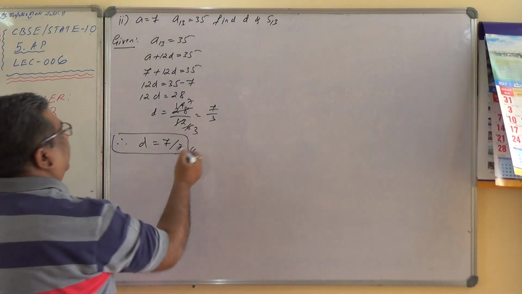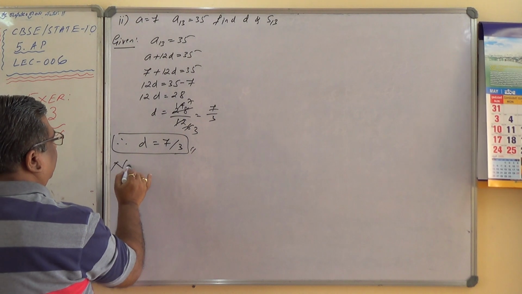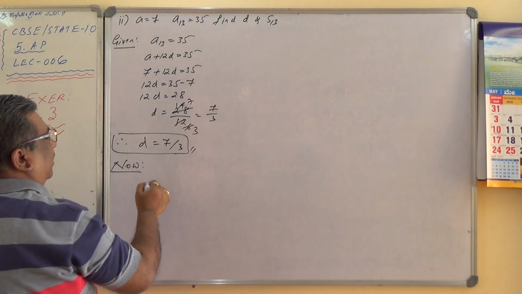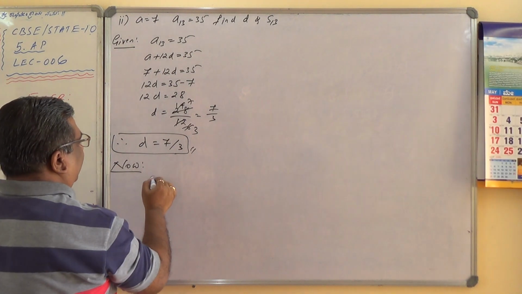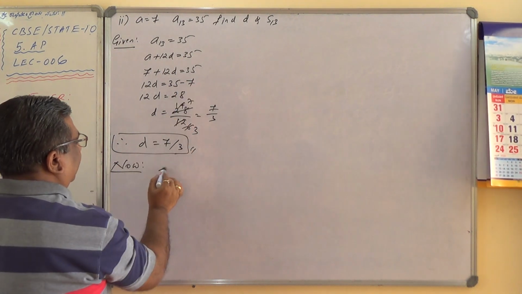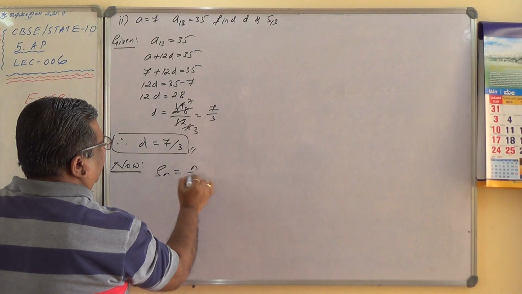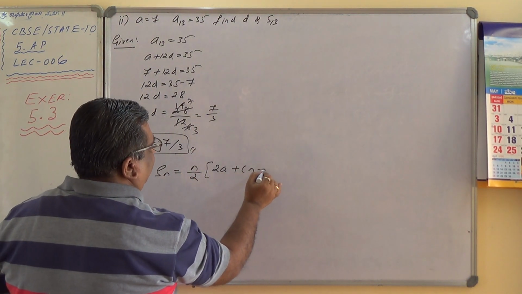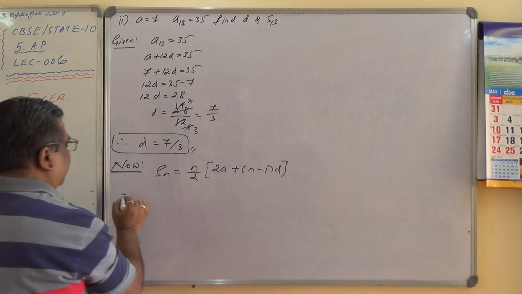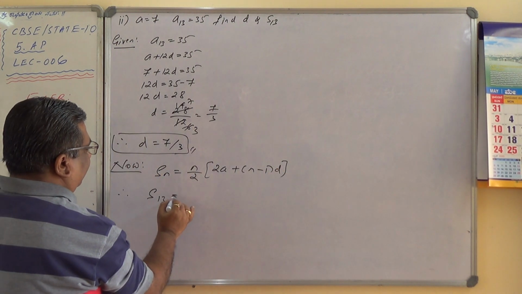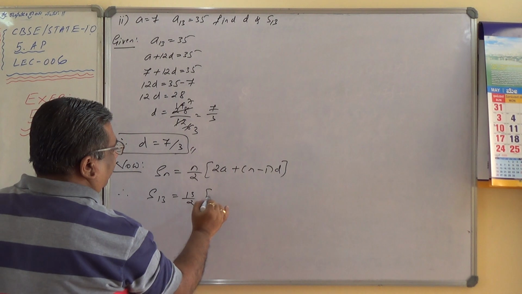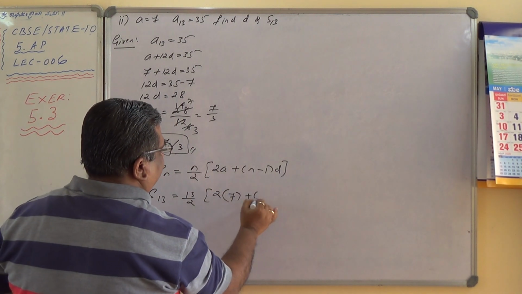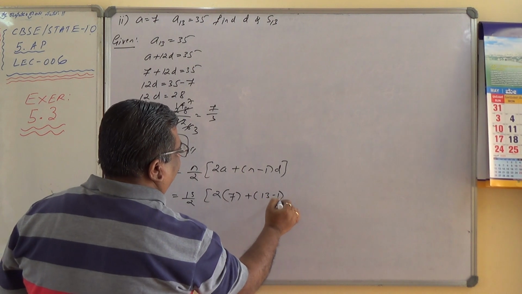Next is S13 here. Now, in order to find out S13, let me use the general formula first. Sn equals n by 2, 2a plus n minus 1 times d. Therefore, S13 equals 13 by 2, 2 times 7 plus 13 minus 1 times d.